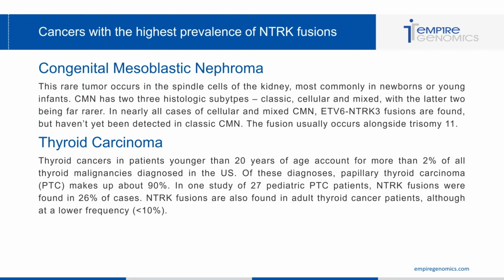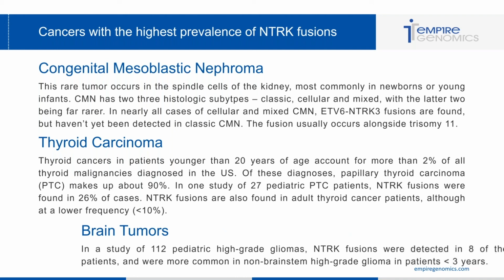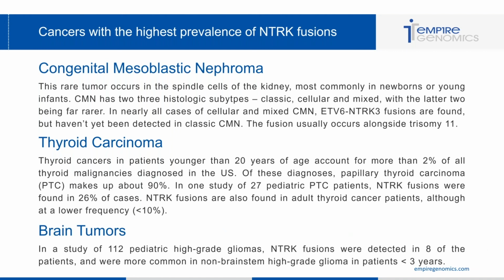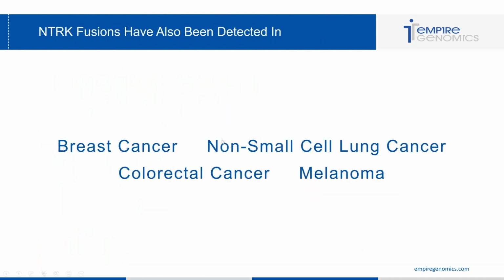NTRK fusions are also found in adult thyroid cancer patients, but at a lower frequency of around 10%. Brain tumors. In a study of 112 pediatric high-grade gliomas, NTRK fusions were detected in 8 of the patients and were more common in non-brainstem high-grade glioma patients of less than 3 years of age.